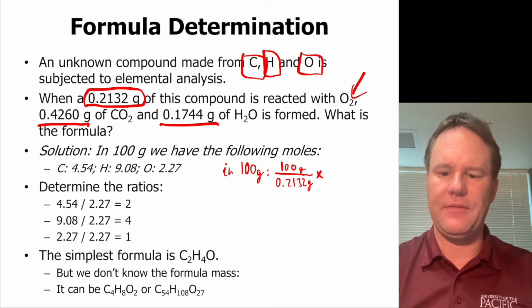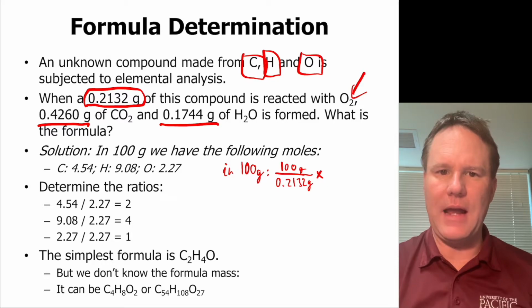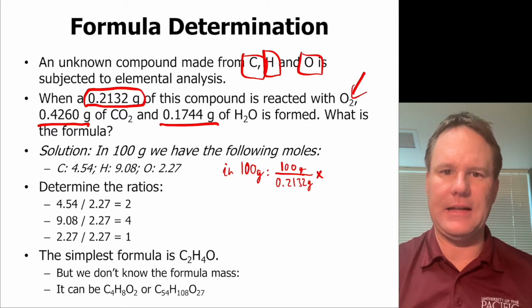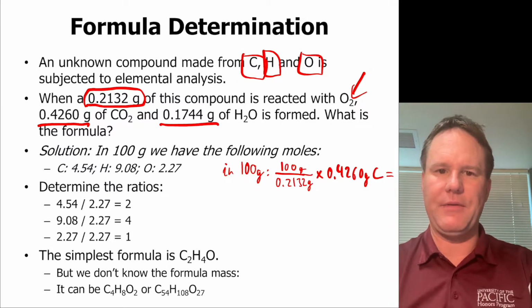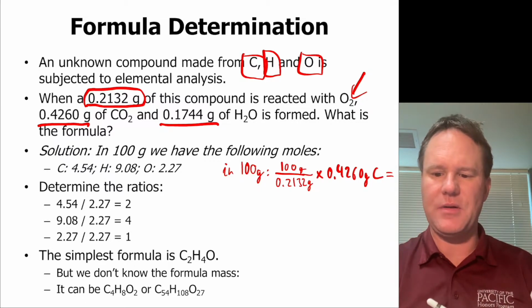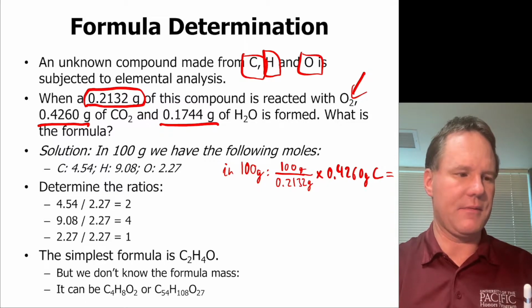If we had 0.2132 grams, instead of that, if we analyze 100 grams, then we'll get 100 over that times more. And then we found that we have 0.4260 grams of CO2, right? So how many grams of CO2 would we have in 100 grams of this sample?